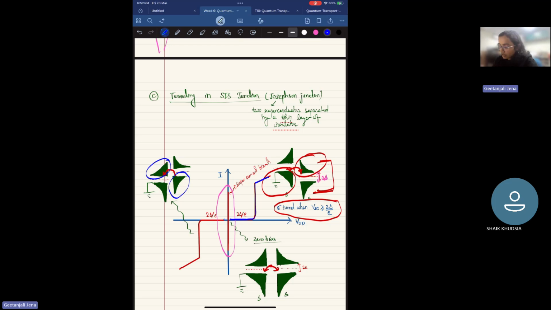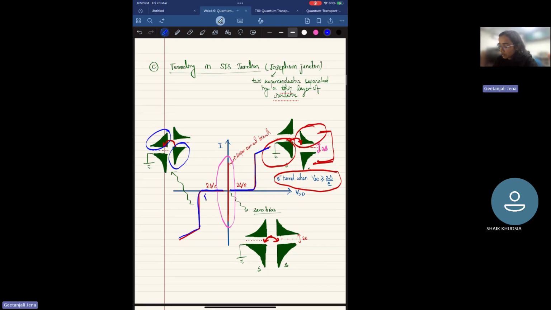So up to 2 delta the current is 0, but above 2 delta the current is high. So the voltage range within which the current is 0 in both directions is 4 delta by e. Previously we had 2 delta, now we have 4 delta by e. So is this part clear?